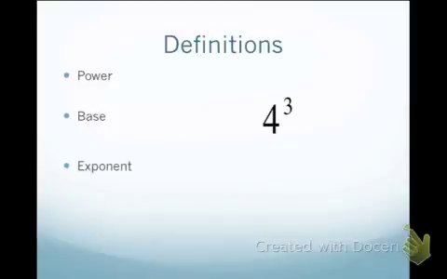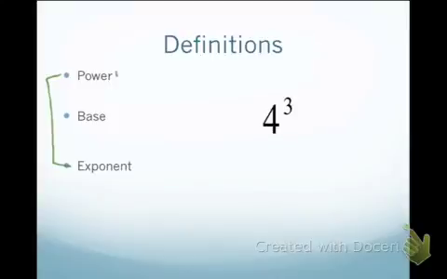The last set of definitions that we have all kind of work together. You'll notice here that we have the word power, base, and exponent. I'd like you to connect the word power and exponent. They mean the same thing. It's just that sometimes when we talk about it formally, we'll say 2 to the third power is the verbal language, but ultimately the 3 in the power is our exponent. But they mean the same thing.